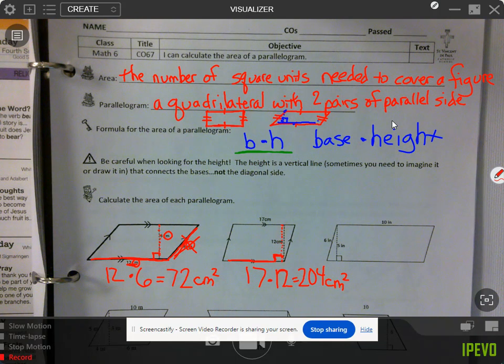So what is my base for my last parallelogram? Zelda. 10 inches. What is my height? Sawyer. What is the height? How do you know it would be 5, Sawyer?